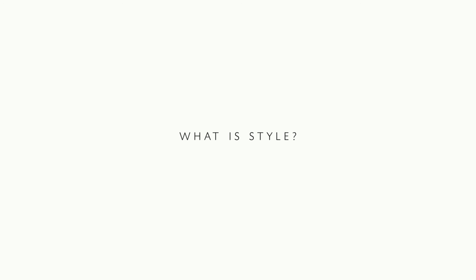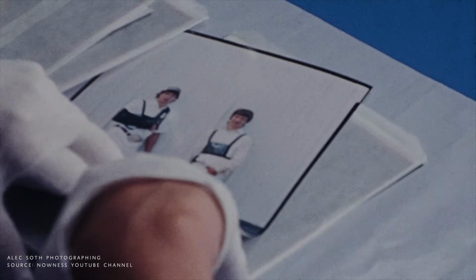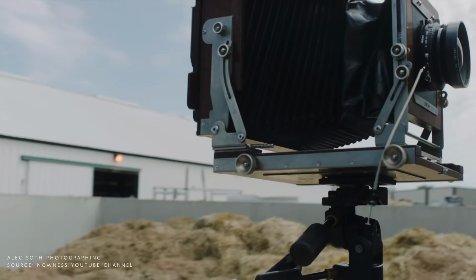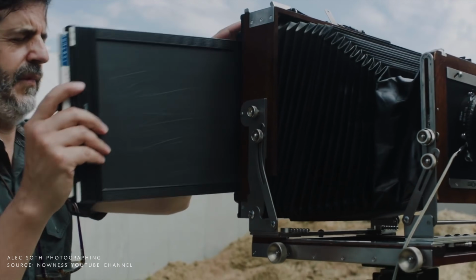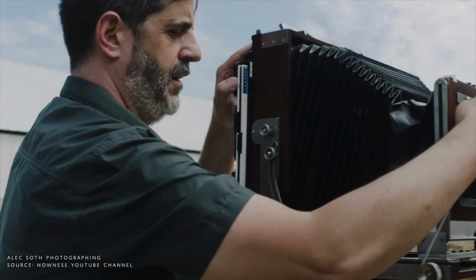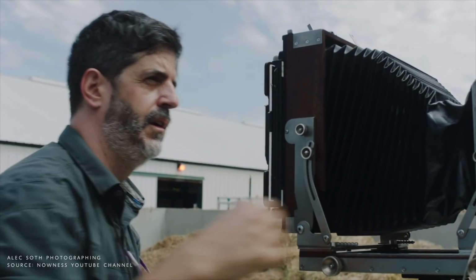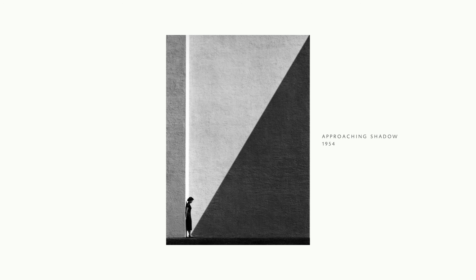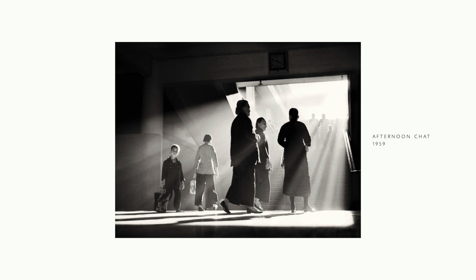And so, without further ado, I'm going to start with a very simple question, which is, what is style? And I guess for the majority of people, style is a group of characteristics that define something or someone's work. And we've seen this with the various artists that we featured here on the channel, such as Vivian Maier with his incredible portraits of loneliness and game of light and shadows.